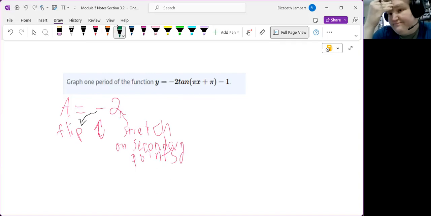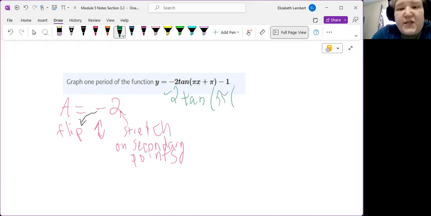Now, the book leaves the function like this. And if you're going to graph it, the first thing you should do is factor it, because looking at it this way just confused me. If you're comfortable looking at that and going, the phase shift is going to be C divided by B, that's fine. It works. I just prefer this way. So it'll still be a -2 tangent, but the number in front of x is a pi.